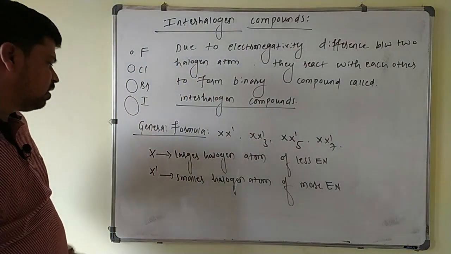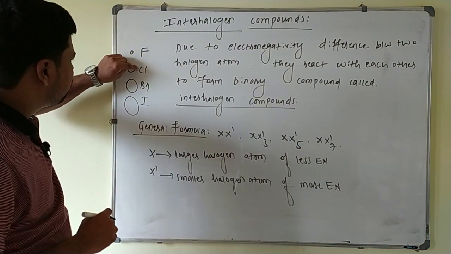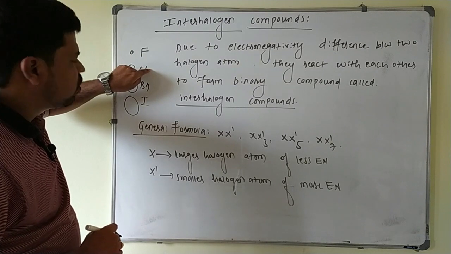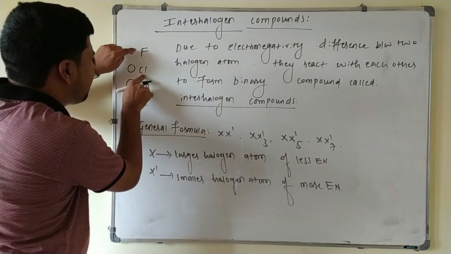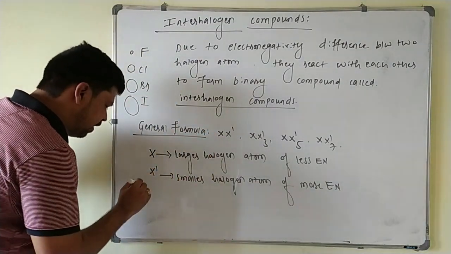For example, if you go for chlorine and fluorine, fluorine is more electronegative and chlorine is less electronegative, so chlorine becomes X and fluorine becomes X' here.